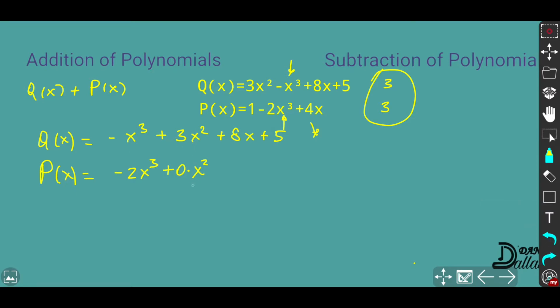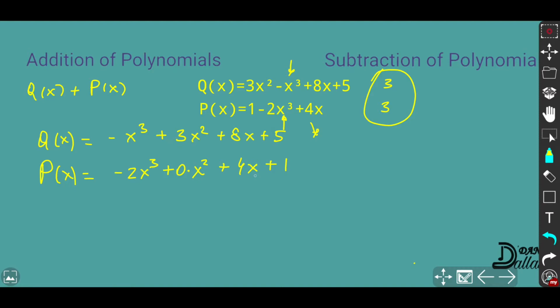On the quadratic term, in case of P(x), this term is skipped, but you can still use this term with 0 coefficient. Next term goes plus 4x. And finally we'll get plus 1, the free coefficient. Now we have the structure term by term.